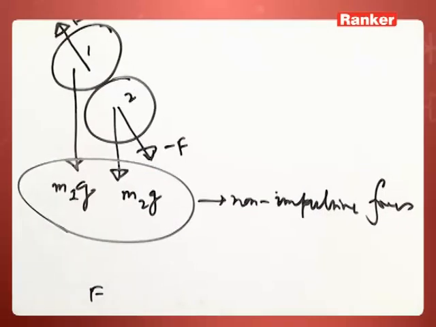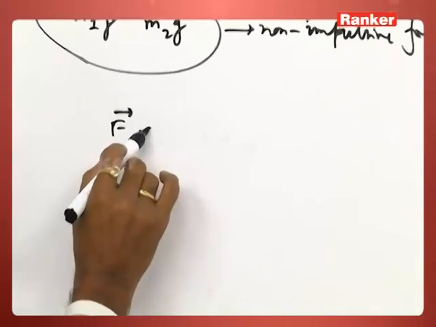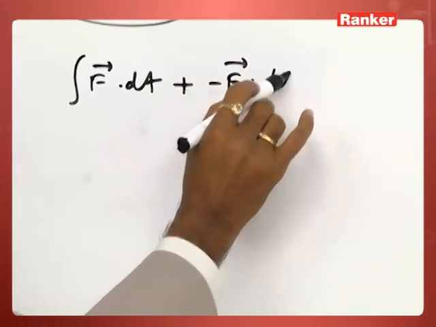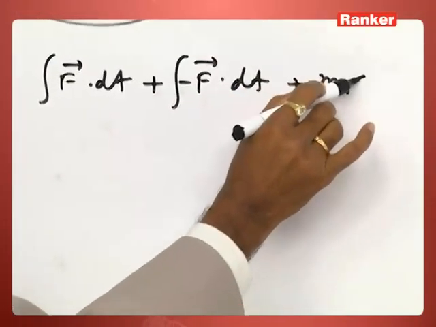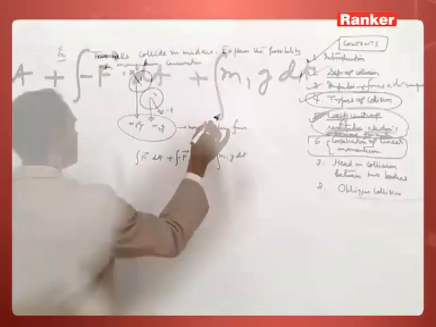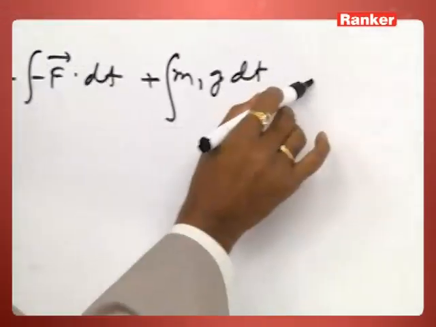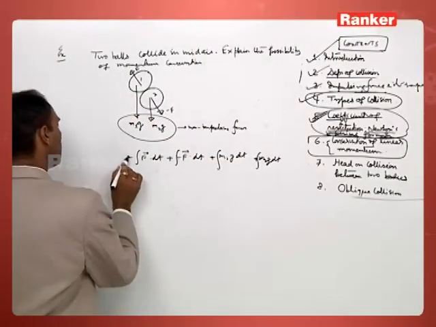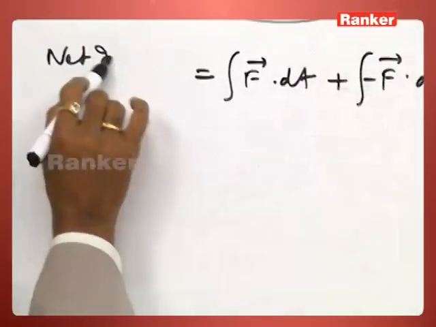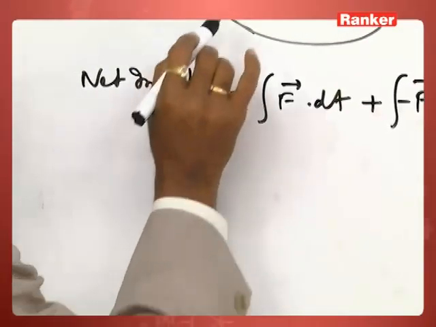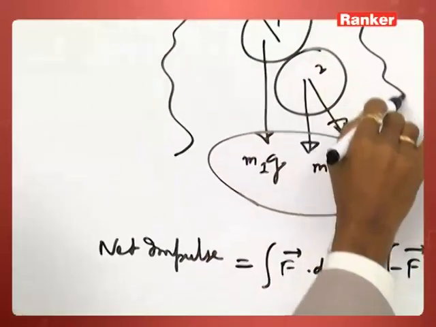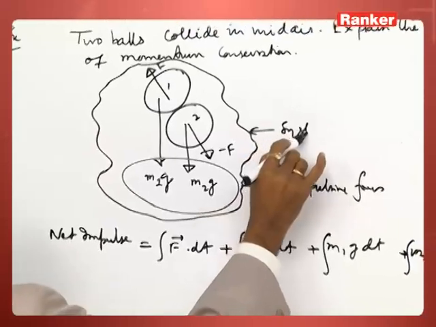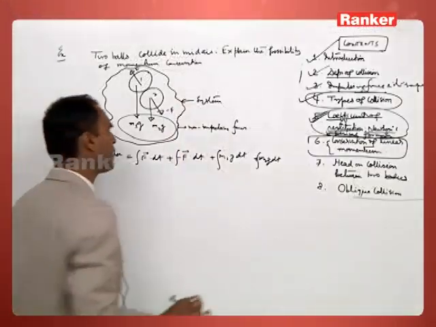So the net impulse is equal to the integral of everything, plus and minus, plus the integral of m1 g dt and m2 g dt, these two forces. This is the net impulse. This is the system.